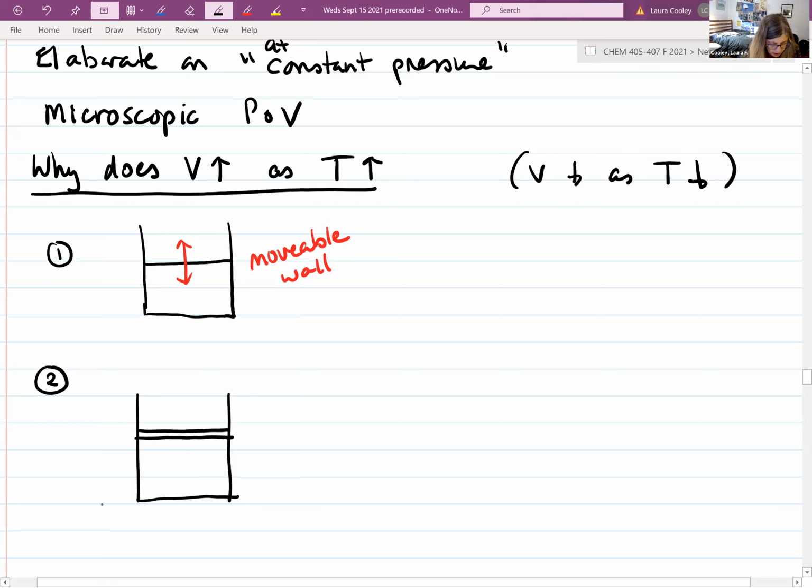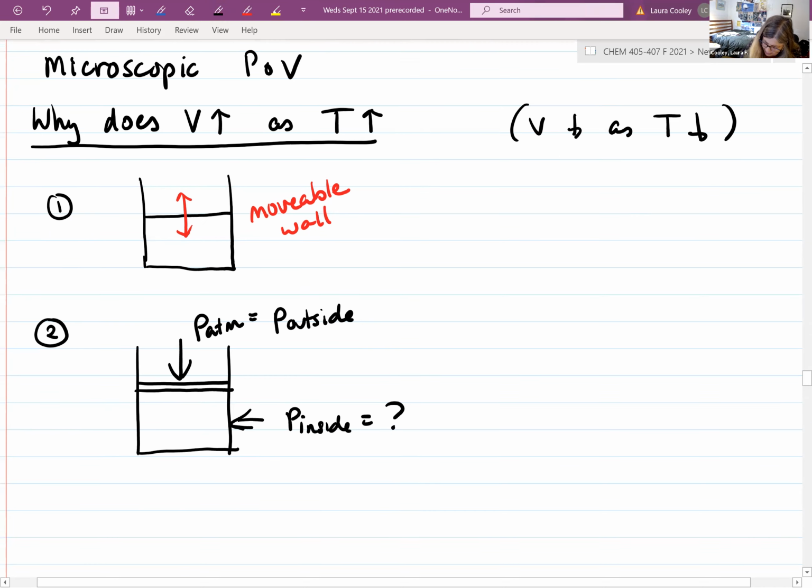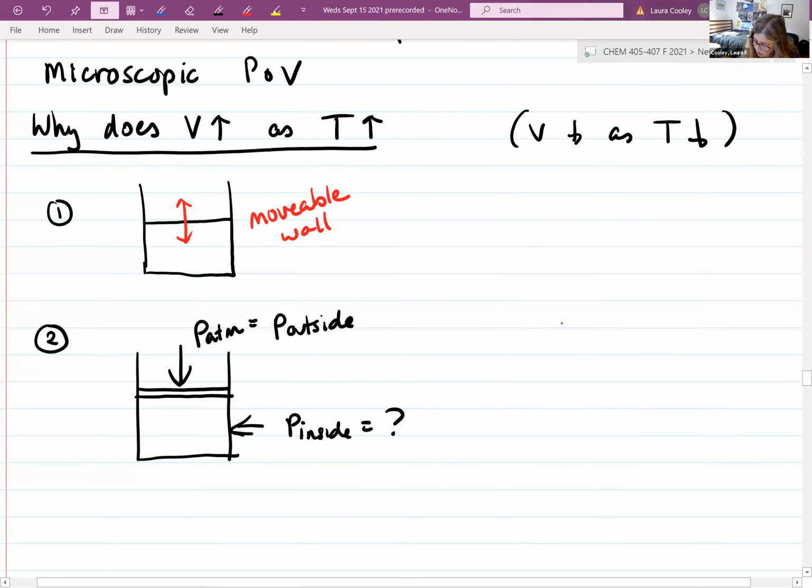And what I'd like to know, okay, so we know that the outside pressure is the atmospheric pressure. I'd like to ask, what is the pressure inside? Okay, so here's the thing. If the wall is not moving, then what do we know?